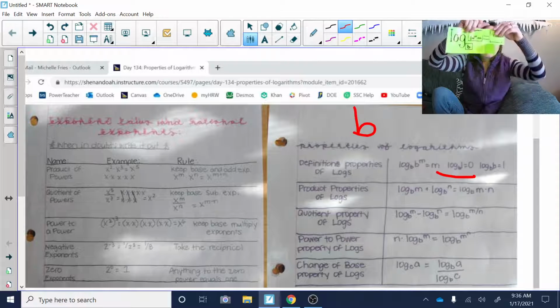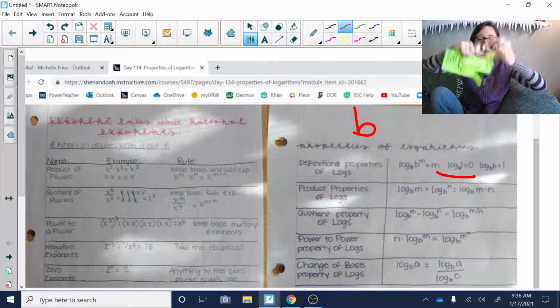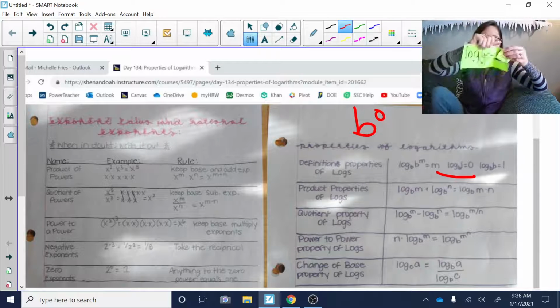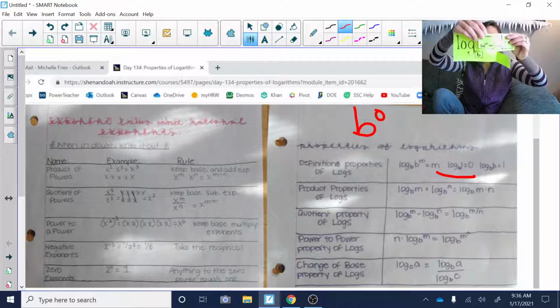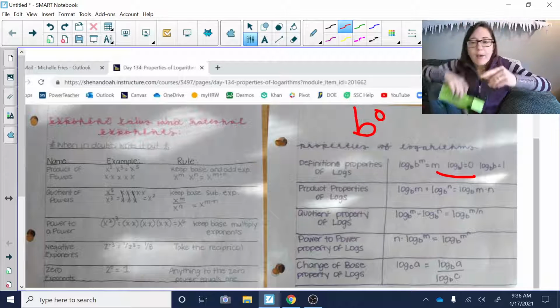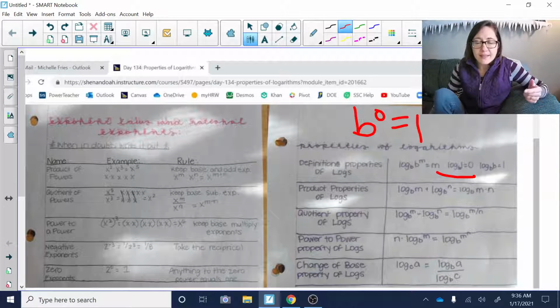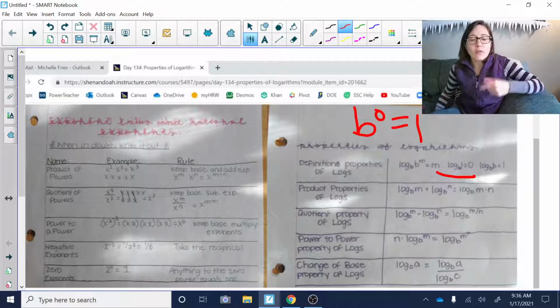What's my exponent? It's 0. And what's my argument? That would be 1. And this says that b to the 0 power equals 1.